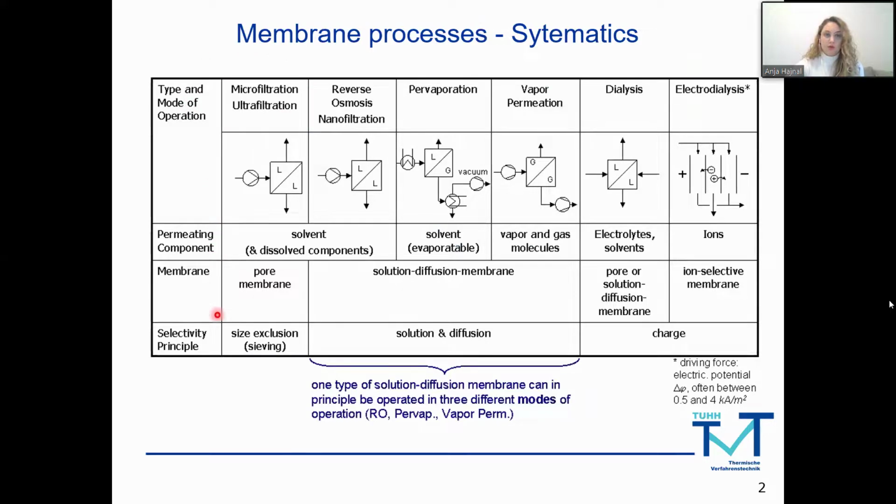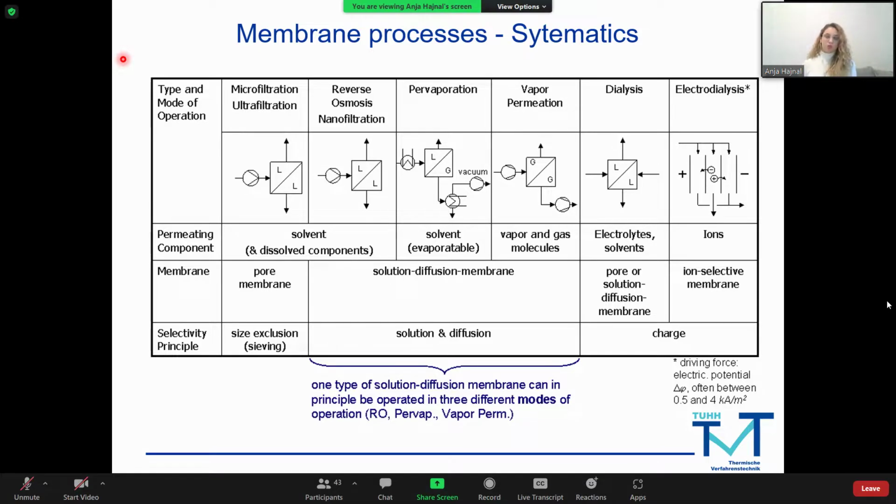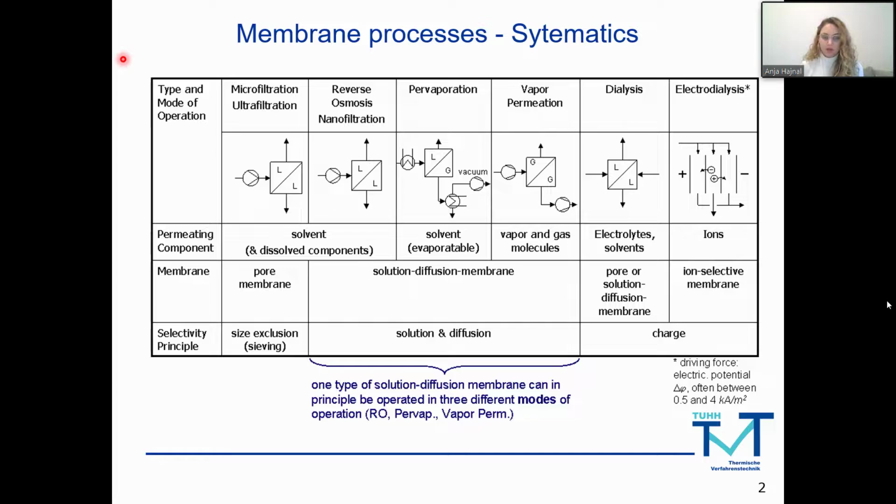Today, we are focusing on ultrafiltration, which is a liquid-liquid separation, and in this case, we have a porous membrane, which is normally an asymmetric and quite frequently a composite membrane.